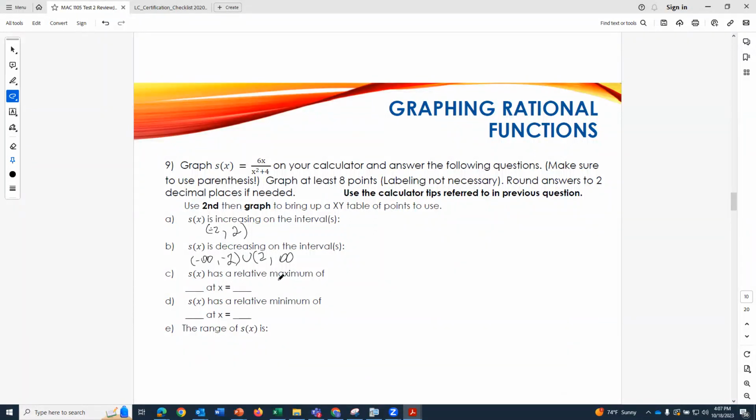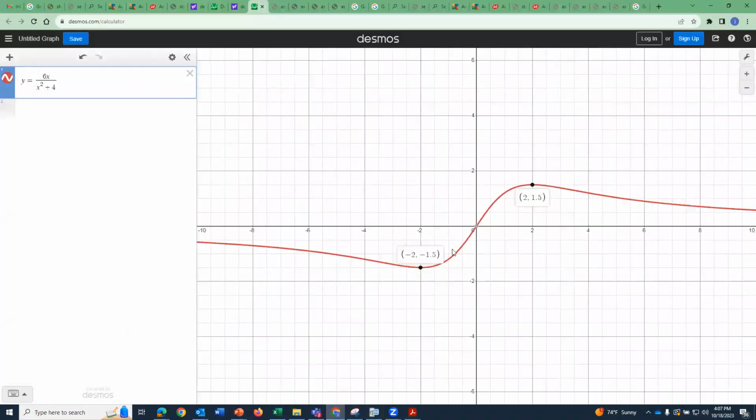A relative maximum at x equals 2. At x equals 2, we have a maximum, and the maximum value was 1.5.